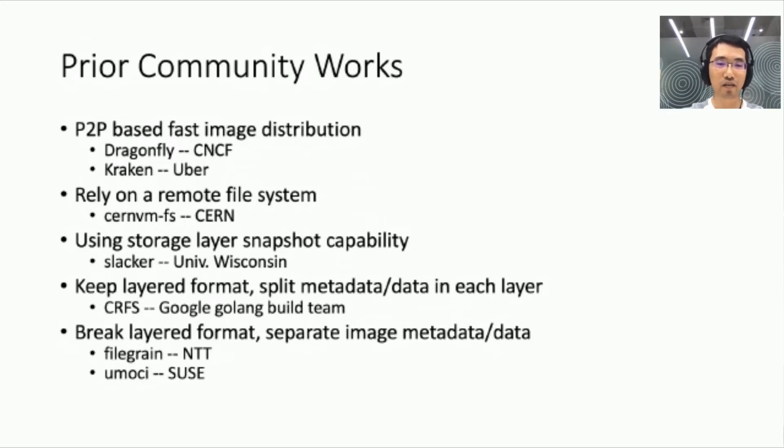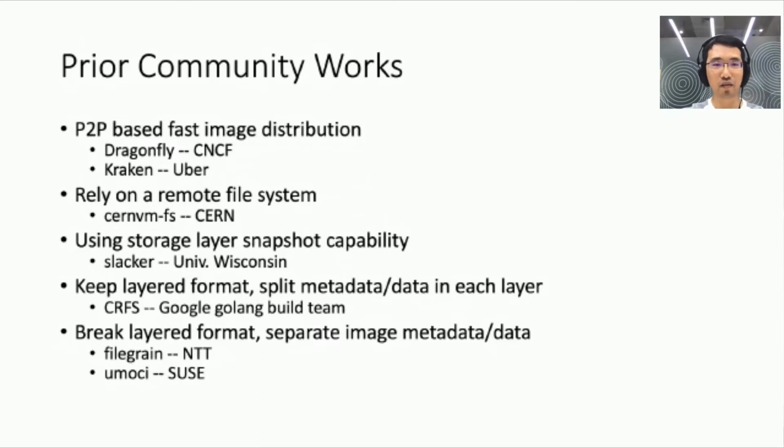But still, the drawback is obvious. What if your storage layer does not have a snapshot capability? It cannot do any snapshot. How can you use Slacker? And there's also the CRFS project from the Google Golang team, and its main idea is to keep the layered format in an OCI compatible way, and also split up the metadata and data in each container layer.